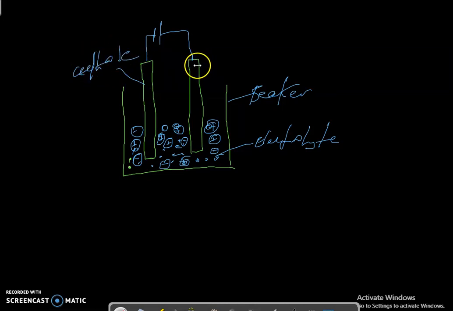And we connect the positive terminal to our positive electrode, which is the anode. The whole of this is the cell. So a basic electrolysis setup will consist of a cell, a cathode, an anode or the electrodes, the beaker, and inside the beaker we have our electrolyte.